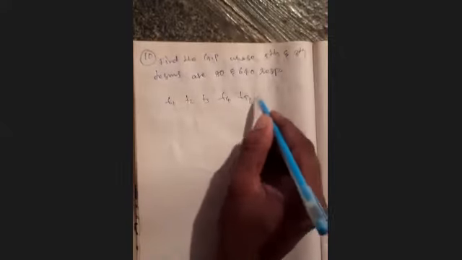Suppose the progression I am taking as T1, T2, T3, T4, T5, T6, T7, T8, T9, T10, and so on up to Tn, we have terms. In this GP, the fifth term is given.